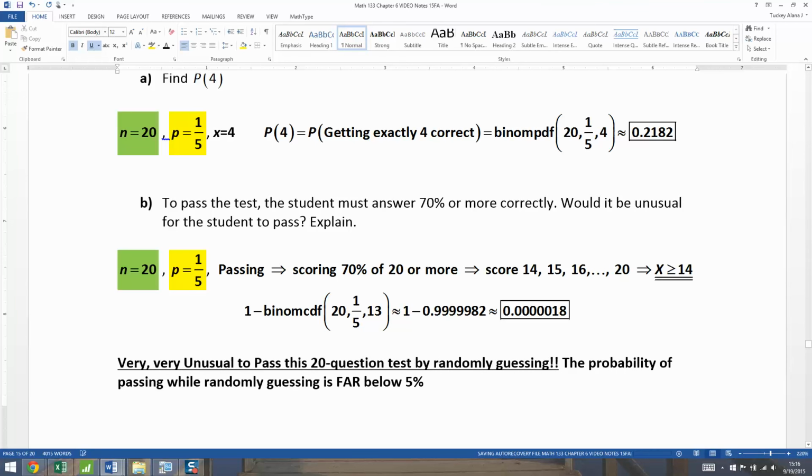Just shows you always want to study. And that's because the probability of passing is so far below 5%. Our threshold for unusual is 5%. We learned that in chapter 3, right? And this is well below 0.05. Right? Many decimal places, many orders of magnitude actually below 0.05.